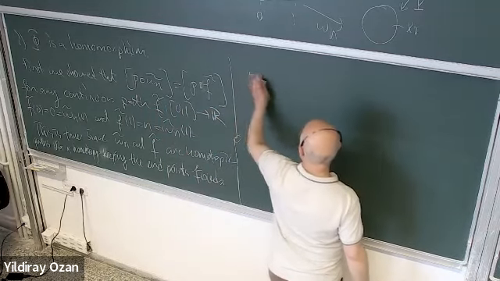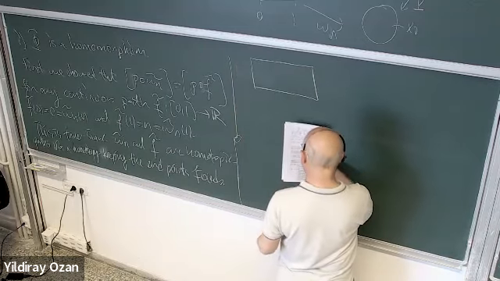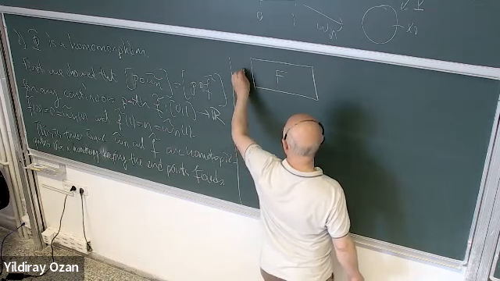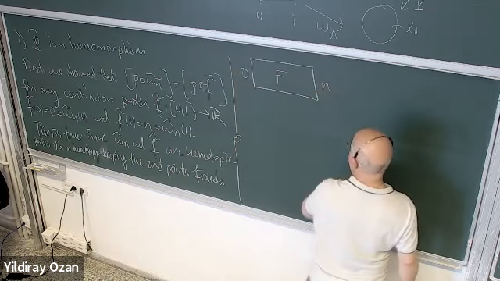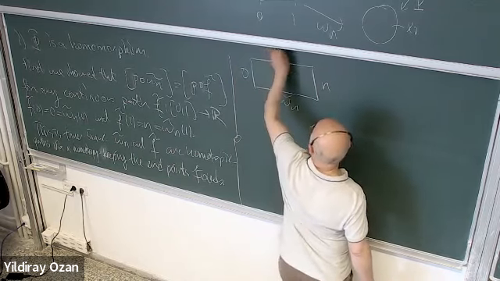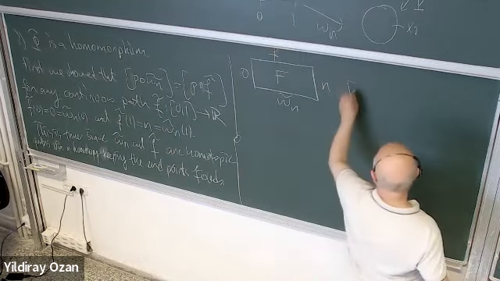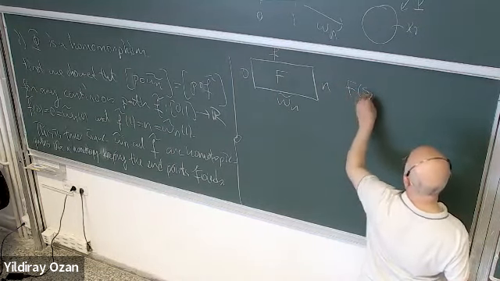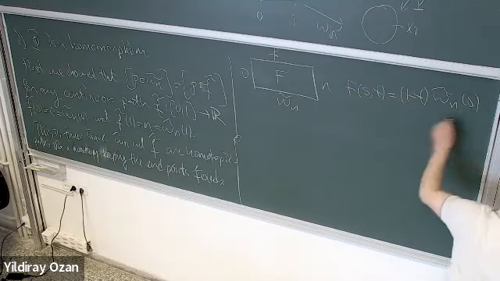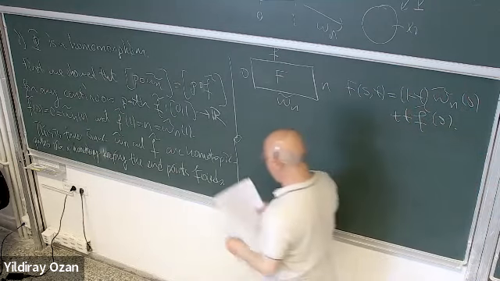Namely, we have a homotopy like this, okay? So this end of the homotopy is mapped to 0 on the real line. This end is mapped to n, and here I have Wn tilde, and here I have f tilde. And f was, of course, I can just write down as follows. This is just 1 minus t times Wn of s plus t times f tilde of s. Okay, this is the homotopy.